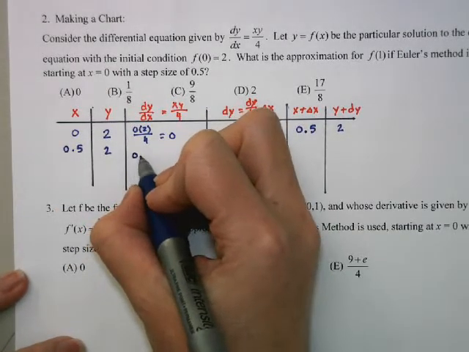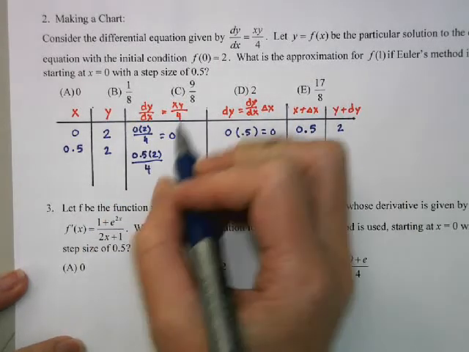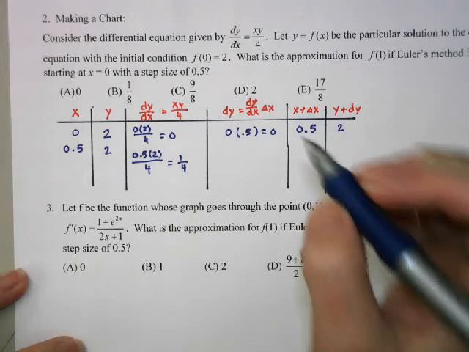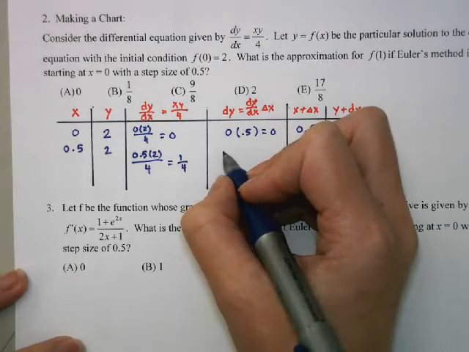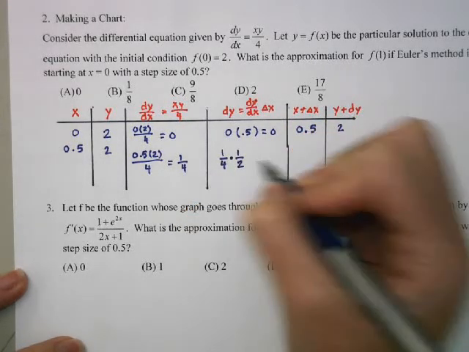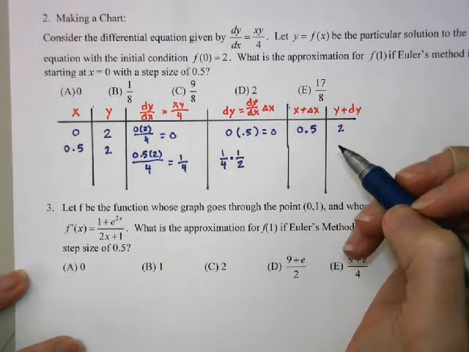Okay, and we'll go through the same process. So we're going to have 0.5 times 2 over 4. That's going to give me 1/4. So we're going to go that slope, 1/4, but we're only doing that for 1/2 of x. So we're not going to go up and over 1/4.